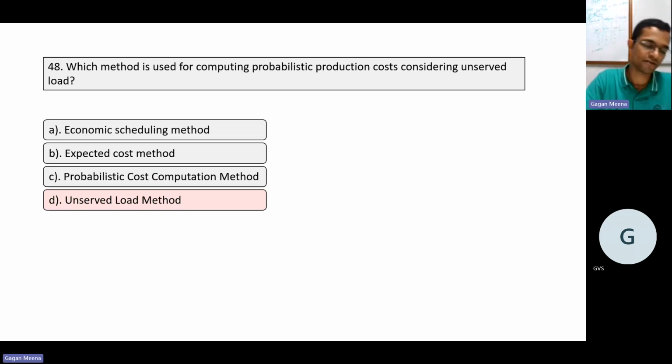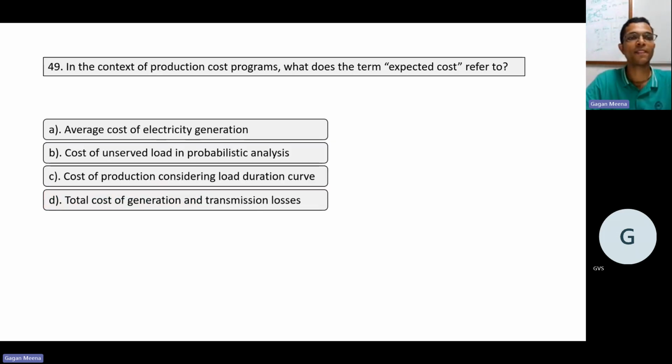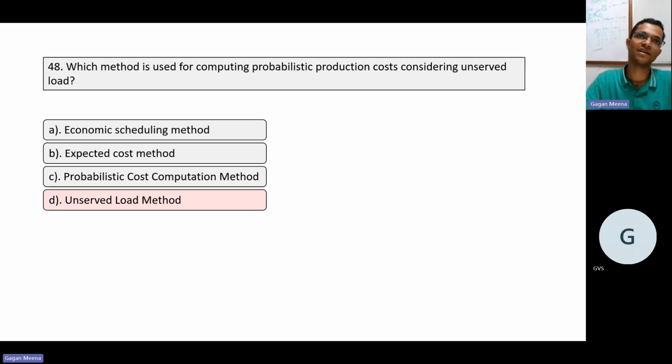The probabilistic load, generally a Gaussian PDF is considered for the load. An outage PDF we consider as uniform, and both of them we consider as discrete PDFs. We consider the discrete distributions.